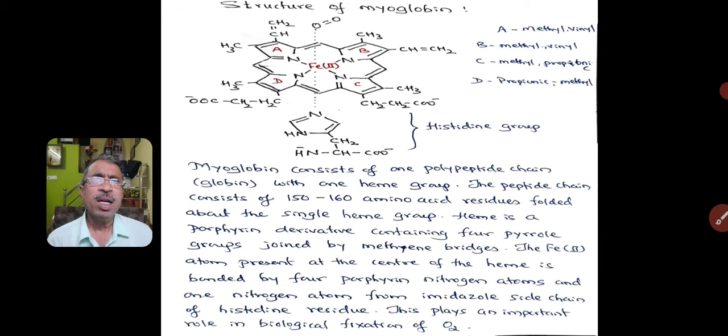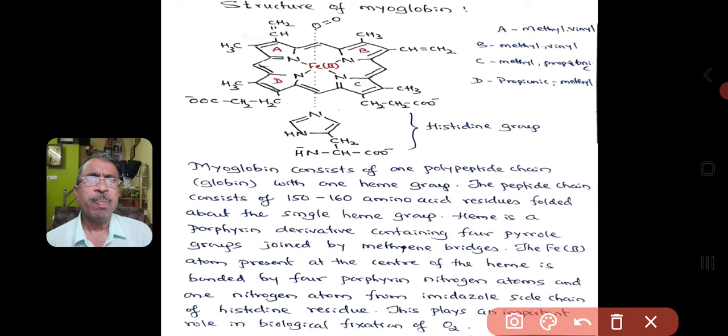Now here I have shown the structure of myoglobin. The myoglobin basically contains the same porphyrin ring. It is a heme, what I have shown. In myoglobin, the square planar complex of the porphyrin, we have the 4 pyrrole rings.